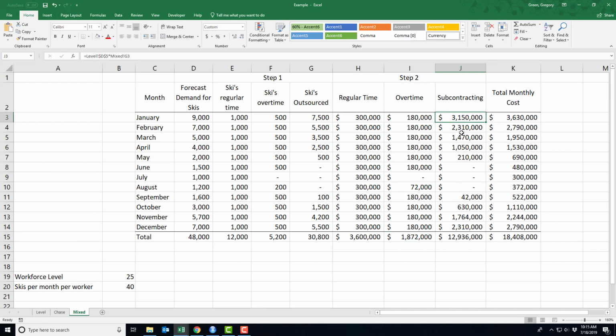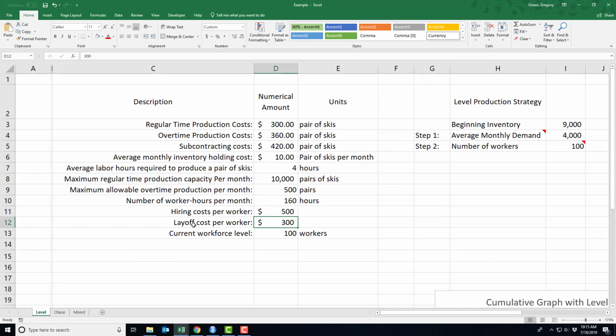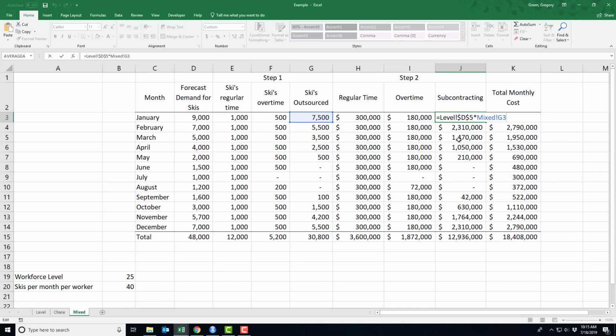Now subcontracting. Subcontracting costs me $420 per pair of skis. So in this equation, I go back to the levels tab and I pick up the payment per pair of skis for subcontracting and I multiply it by the number of skis I need. So that would be 420 times 7,500. So I work my way down and I figure out what my costs for subcontracting are in order for me to meet my demand.